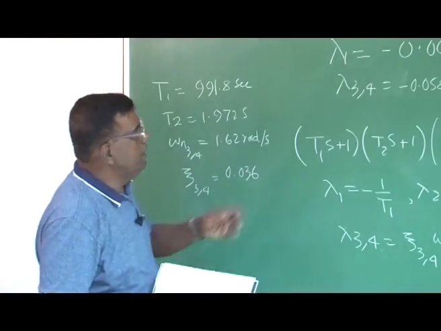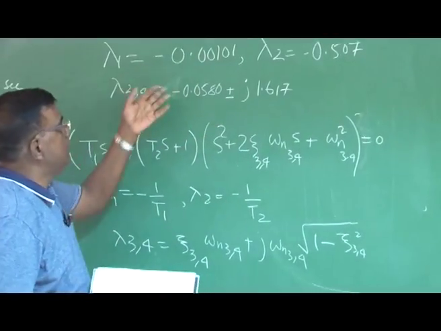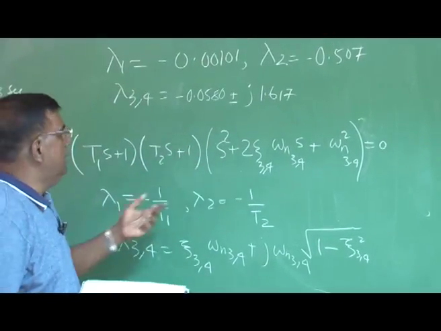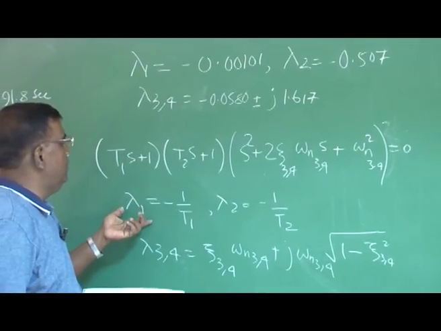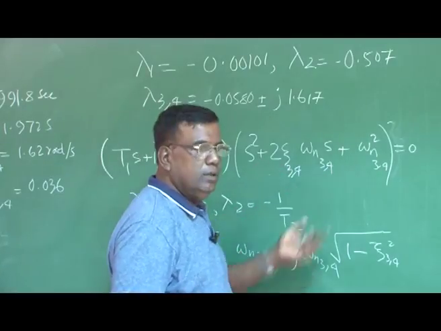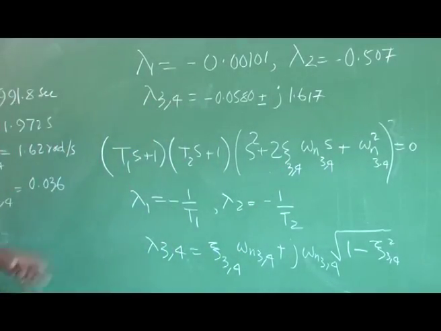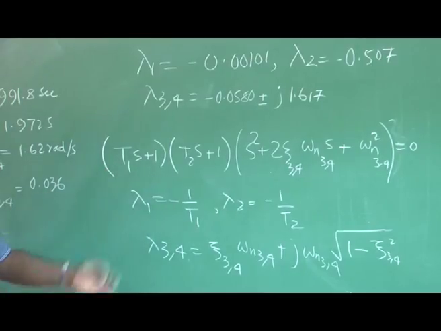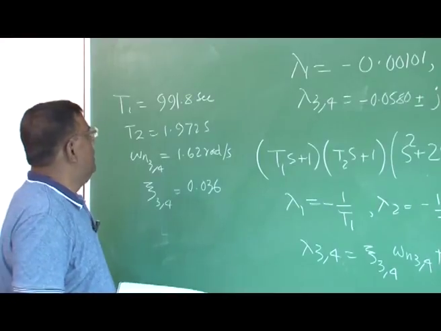I hope you understand. I can write this equation using these roots in the standard form: the first root will be T1 s plus 1 equal to 0, another root from there, and one complex conjugate pair, and then you know how to handle this to find omega n as well as time constants.